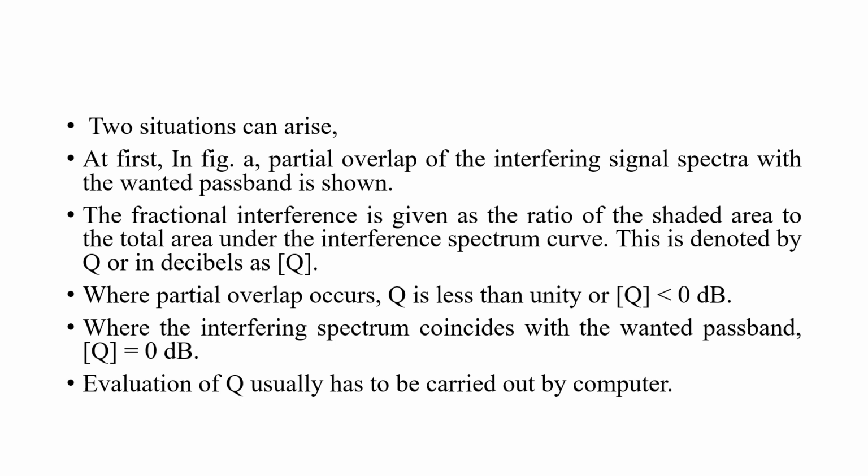Where partial overlap occurs, the Q value will be less than unity, so we can say that Q should be less than 0 dB. Where the interfering spectrum coincides with the wanted passband, the value of Q will be equal to 0 dB. The evaluation of Q will be carried out by the system, or the computer used within the system.